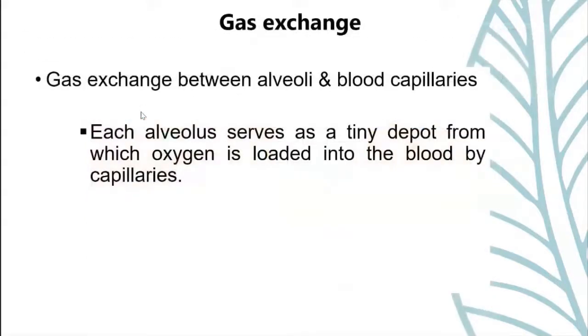Okay, so next, gas exchange between the alveoli and the blood capillaries. Each alveolus serves as a tiny depot from which oxygen is loaded into the blood by capillaries. So the alveolus functions as the storage area where oxygen is stored before it is loaded into your blood in the blood capillaries.